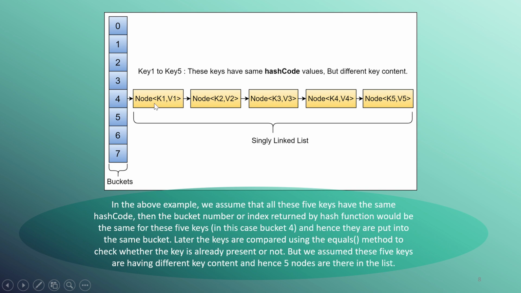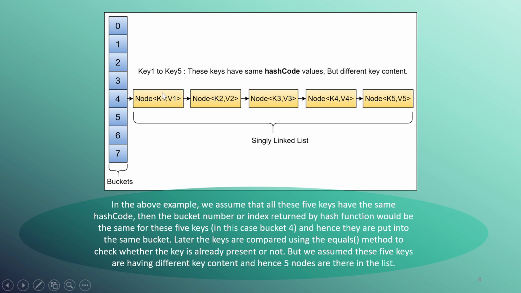Now I am trying to insert K2 and V2. Again it will calculate the hash code, which will be 100 again, if it is returning the same thing for instance. So it will be 100 mod 16, and suppose it lands on this particular 4th bucket again. Now it will check with equals.